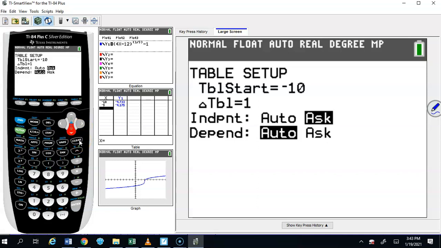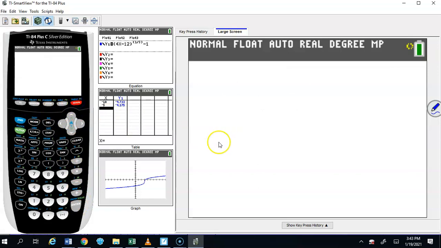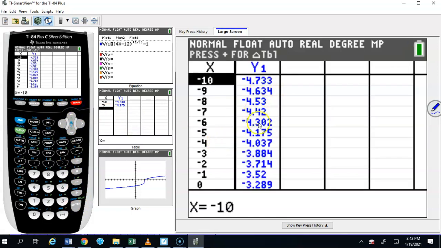So once again, I can choose enter here, go to the table function, and start looking for some whole numbers. Well, I don't have any whole numbers here from -10 to -1. You notice that? So I would just pick some of these, like -10 and -5.